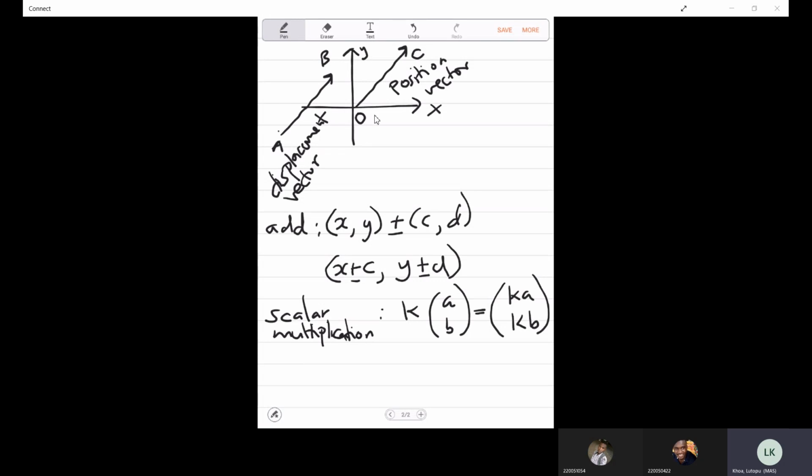So what happens to a vector when you multiply it by a scalar? If it's positive, it stays in the same direction and it just stretches, that means if it's bigger than 1. If it's negative, the direction changes, but they are parallel. So we say that two vectors are parallel if one is a scalar multiple of the other.